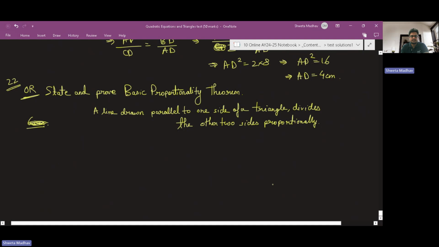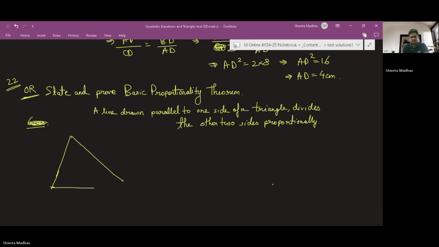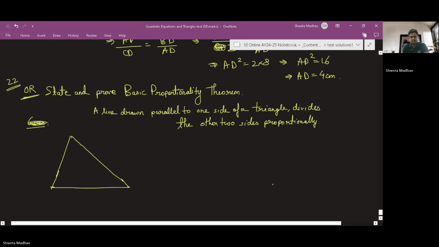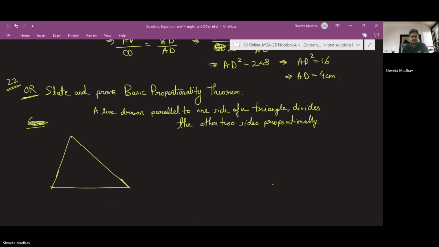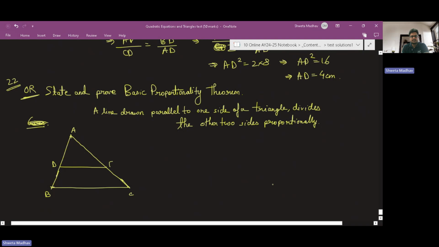So here you can draw one triangle. Let's say this is triangle ABC. This is DE.